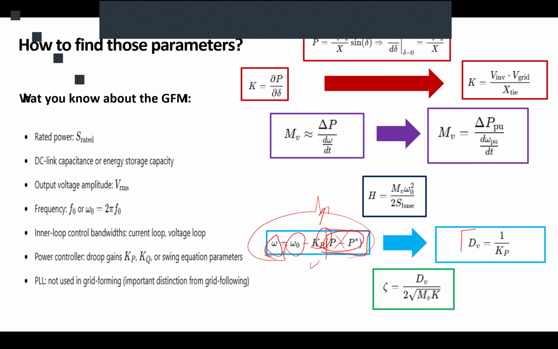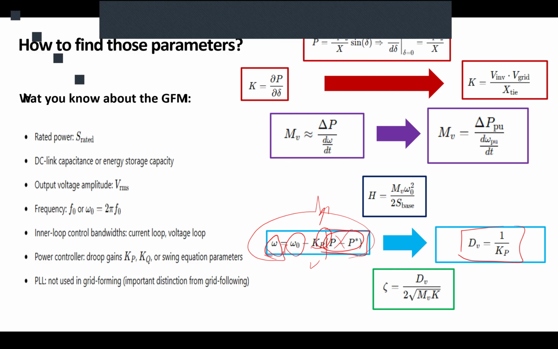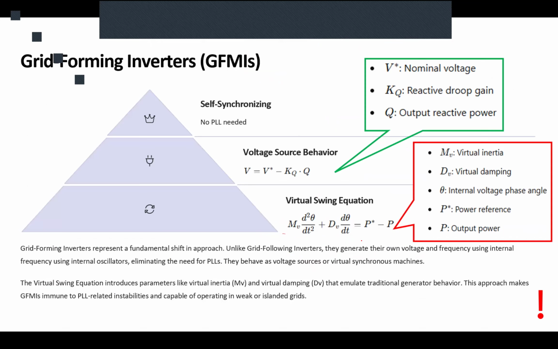Okay, so we could define the dV, or damping factor, in our previous equation based on 1 over Kp. So now in this equation, we have both dV and mv.